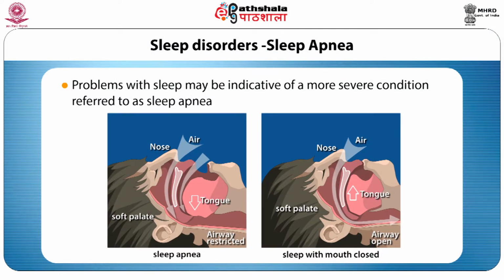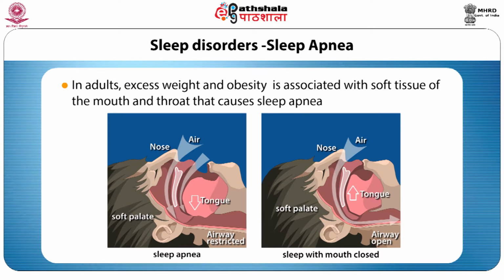Next, sleep disorders. Problems with sleep may be indicative of a more severe condition referred to as sleep apnea. In adults, the most common cause of obstructive sleep apnea is excess weight and obesity, which is associated with excess soft tissue of the mouth and throat.